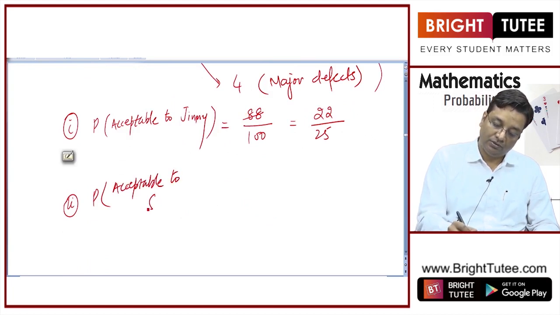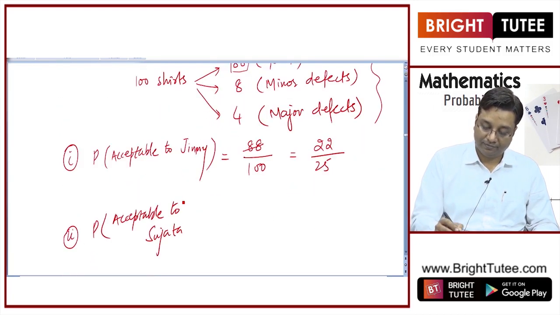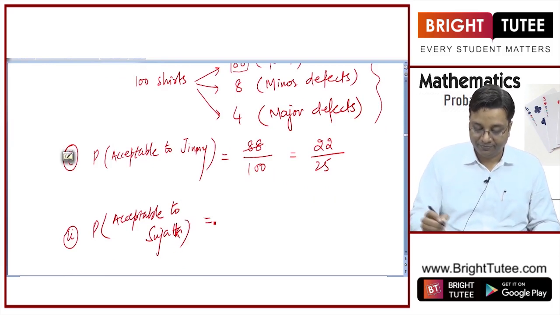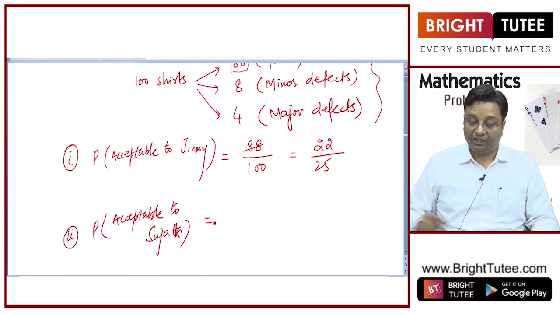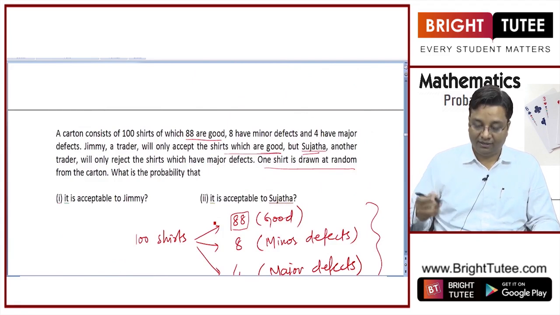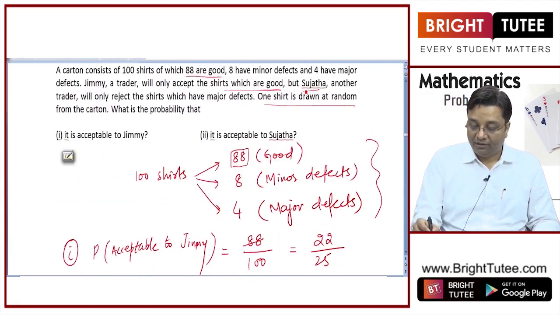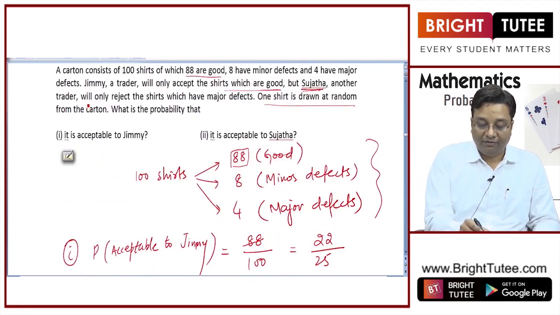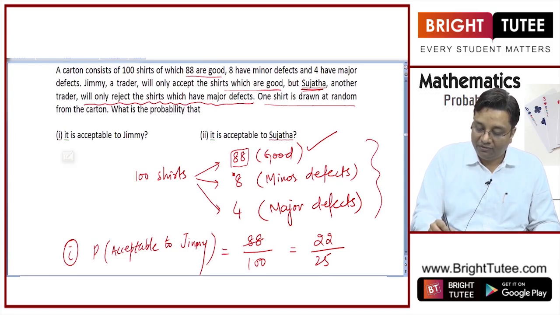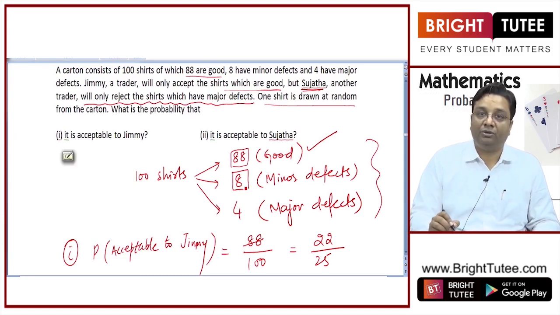Second question says: probability of a shirt being acceptable to Sujata. So, the probability of a shirt being acceptable to Sujata is, what are the favorable cases this time? Look at Sujata here. She will only reject the shirts which have major defects. So, good shirts are also acceptable, shirts with minor defects are also acceptable to her.